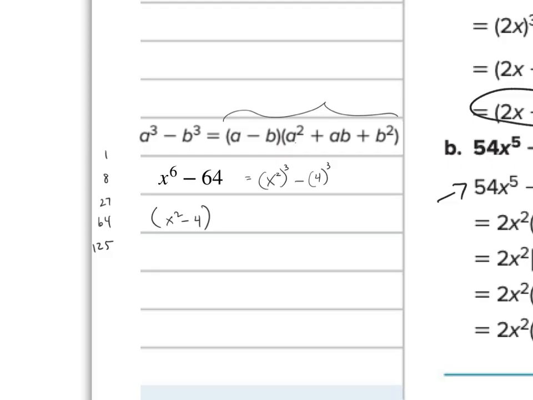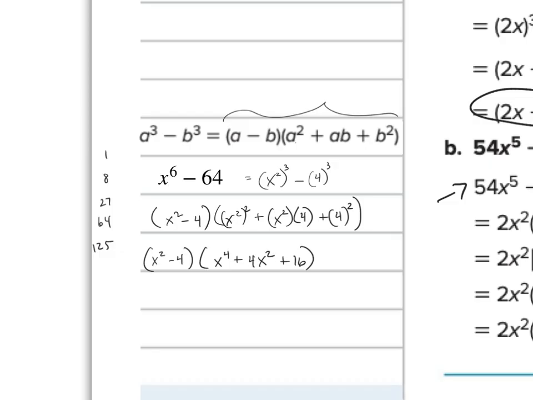Then I would have x squared raised to the second power, x squared times 4, and then 4 squared. This is x squared minus 4, and then x to the fourth plus 4x squared plus 16.